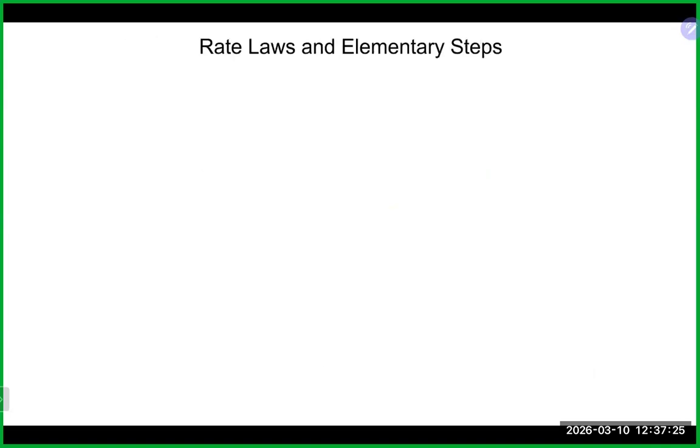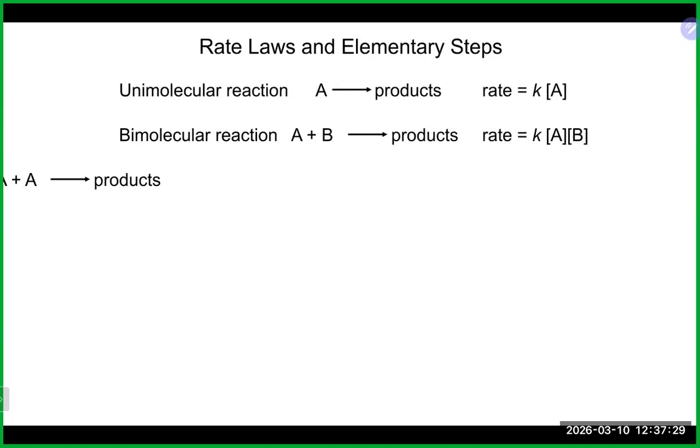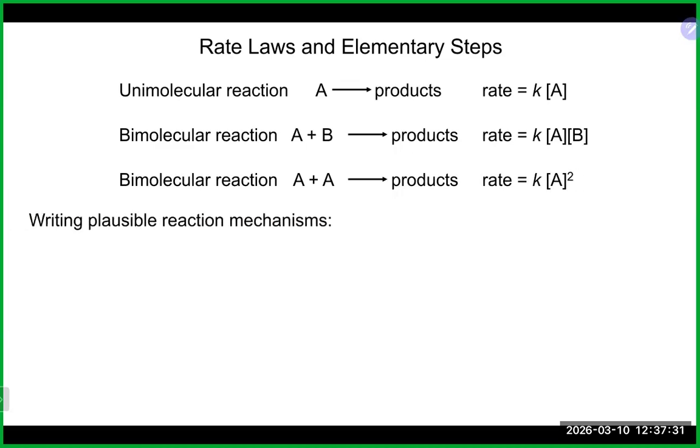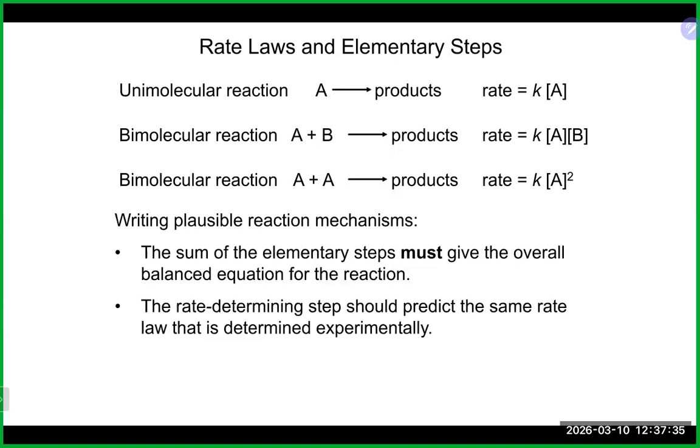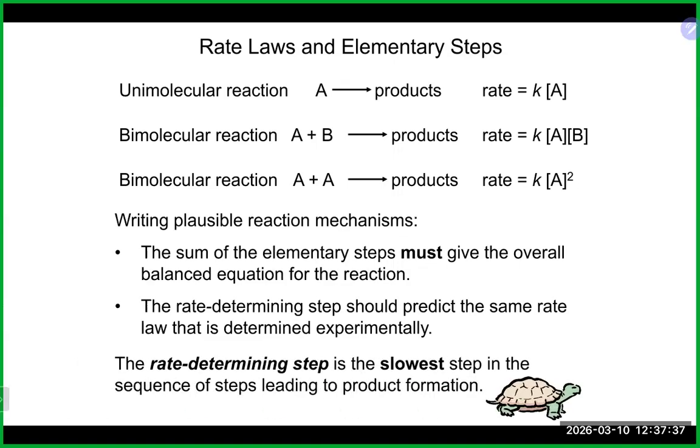Now, one of the things that is different than everything we talked about up to this point in terms of rate laws is that for elementary steps, and only for elementary steps when you're doing reaction mechanisms, you can actually use the coefficients as the exponents for the orders.